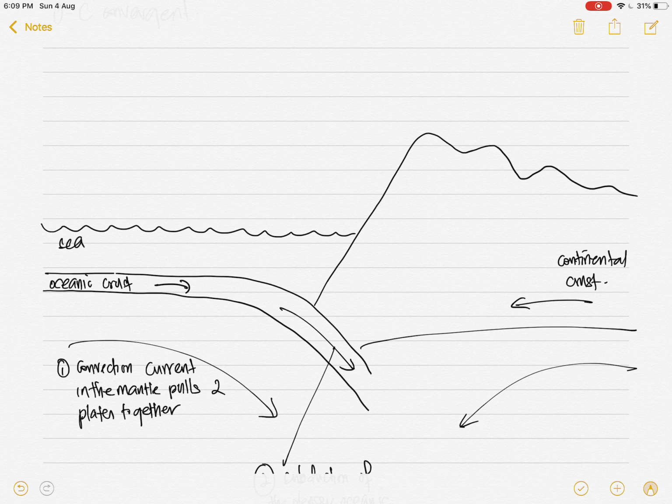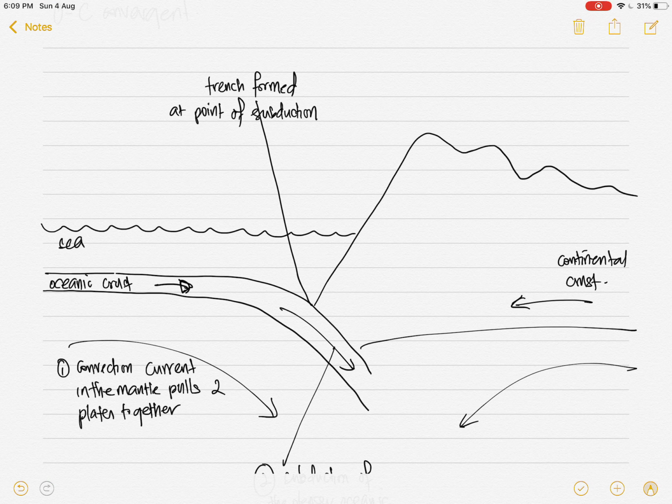Yes, and this will form a trench. Trench formed at point of subduction.